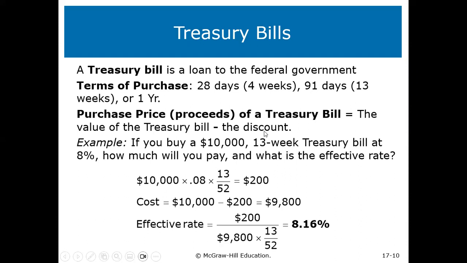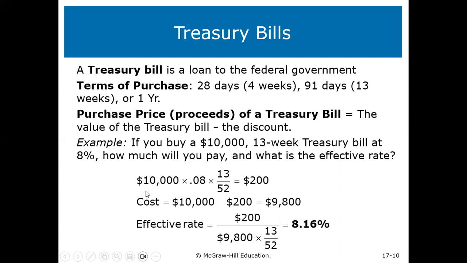And take note, the term is given in 13 weeks, so we have to convert this into annual data. For weeks, we use 52. So straightforward computation: 10,000 times 0.08 times 13 over 52. That gives us 200. This is the interest.